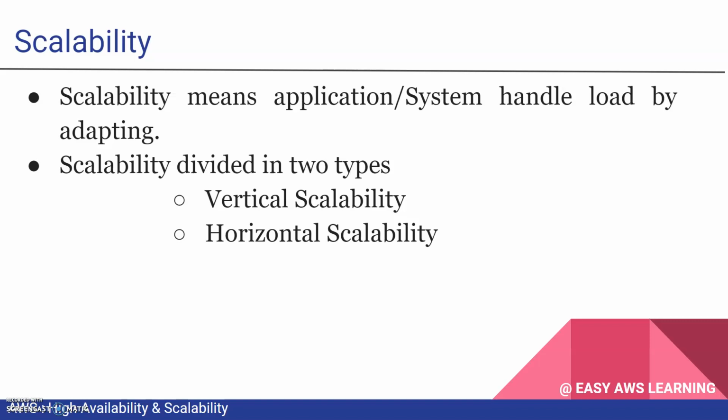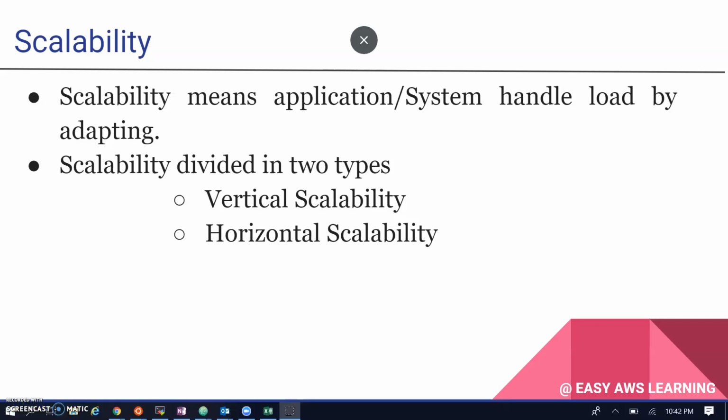Scalability has two types, basically vertical and horizontal. But first, let's understand what scalability is. Scalability means an application system handles a load by adapting. So how does the application handle the continuously incoming traffic, and how does it scale? Scalability is divided into two types: vertical scalability and horizontal scalability.